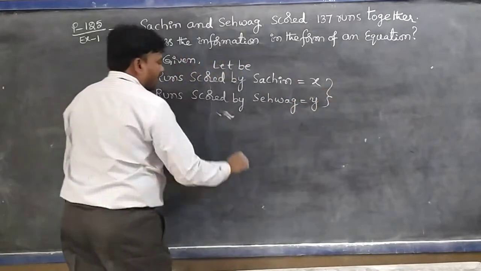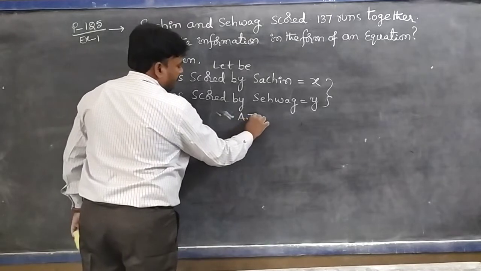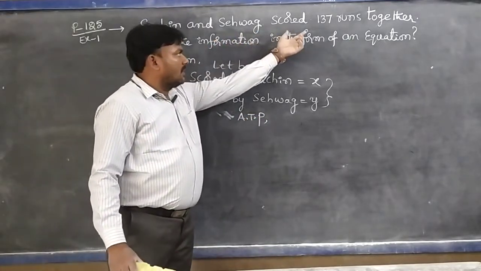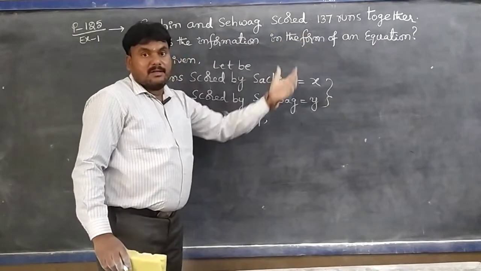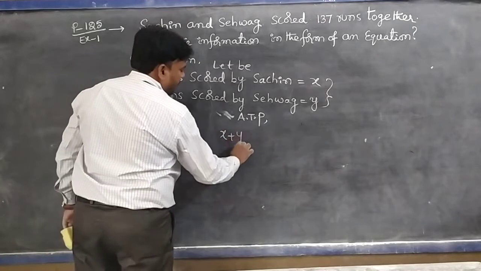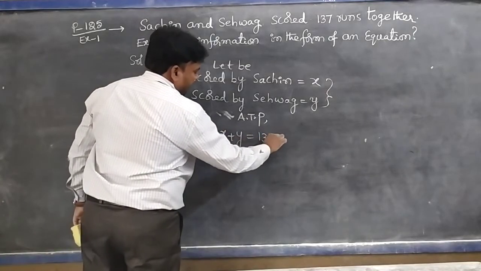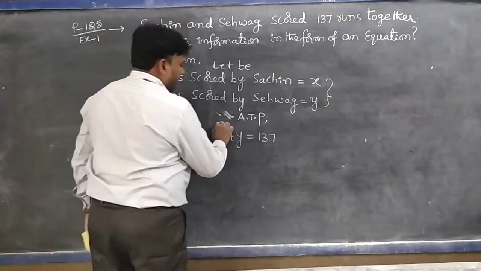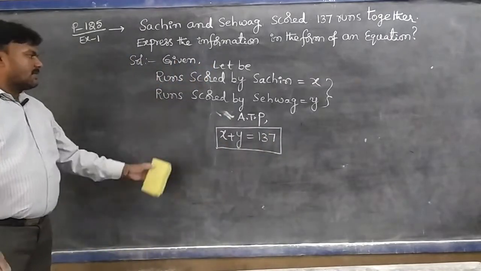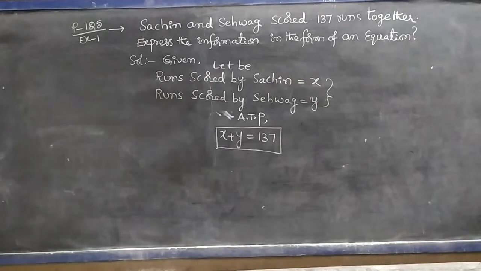Okay, students. According to the problem, what is given? Sachin and Sehwag scored 137 runs together. Together means both. Then that implies x plus y equal to 137. This is the linear equation in two variables, students. Let us go for another problem.